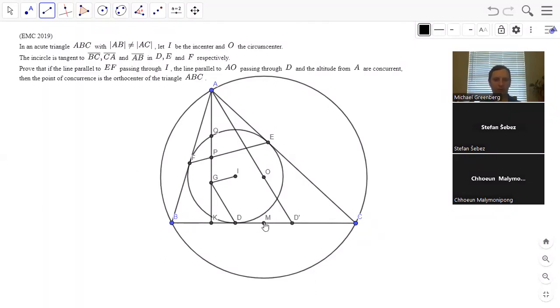So let's see. I mean, AQ is equal to QG.